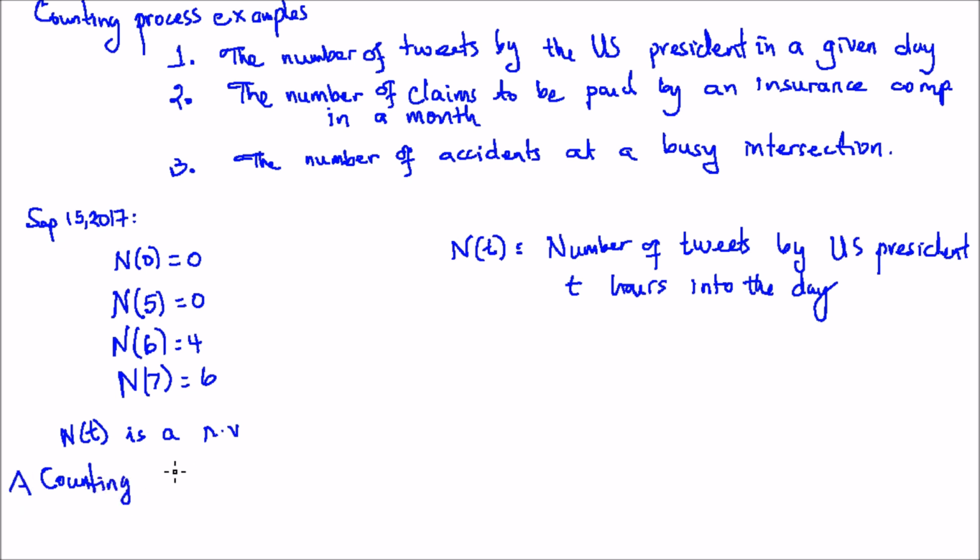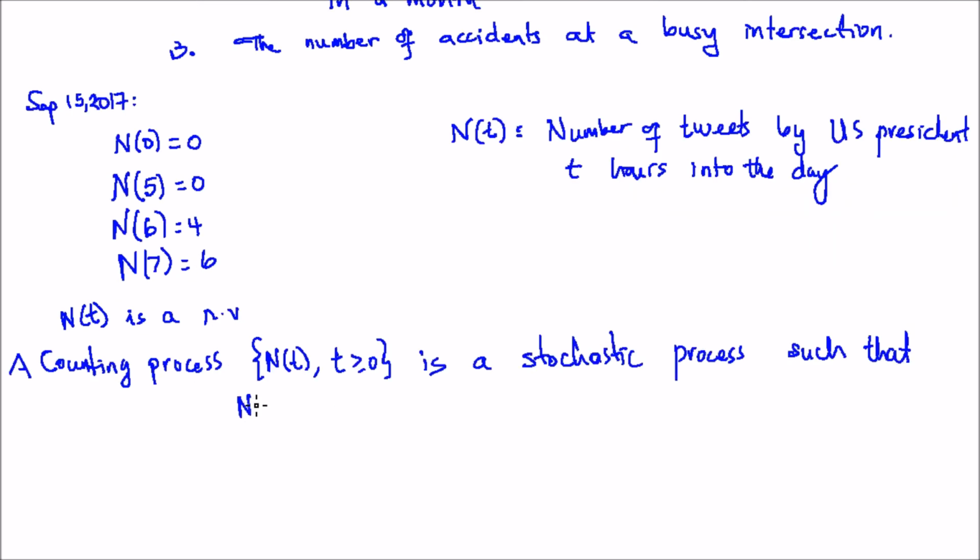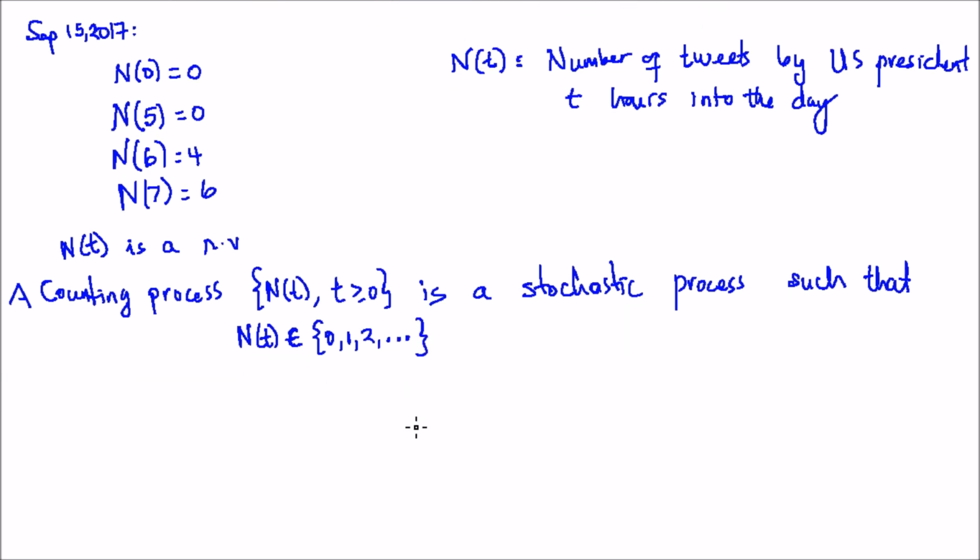Therefore, a counting process is a stochastic process, which we denote by N(t), t at least equal to 0. It's a random process which satisfies these conditions. One of the conditions is that the number of arrivals up until time t is either 0, 1, 2, 3, and so on, non-negative integers.